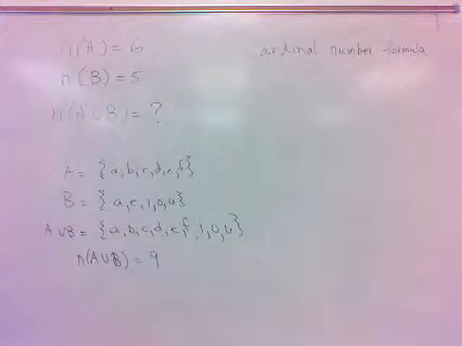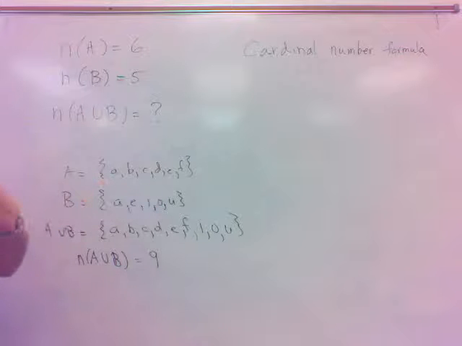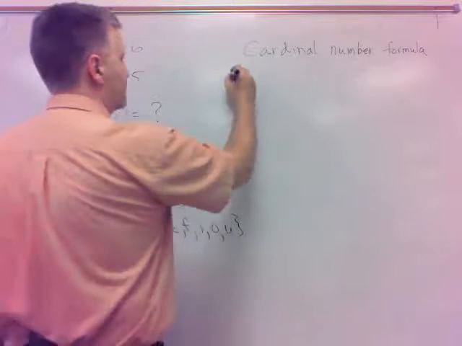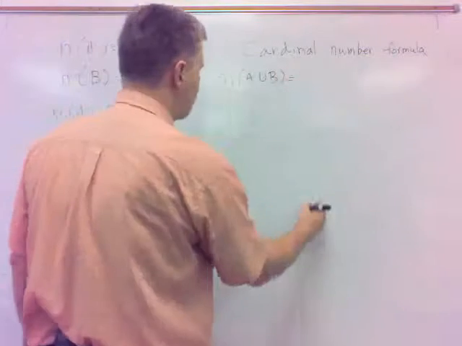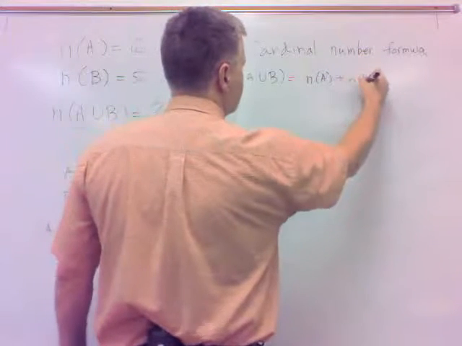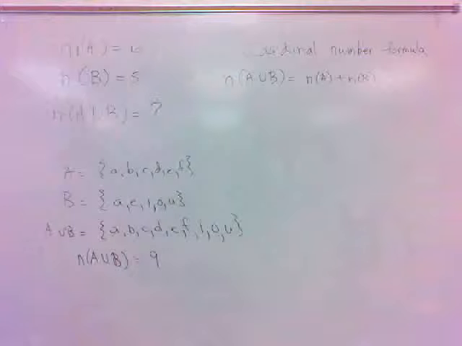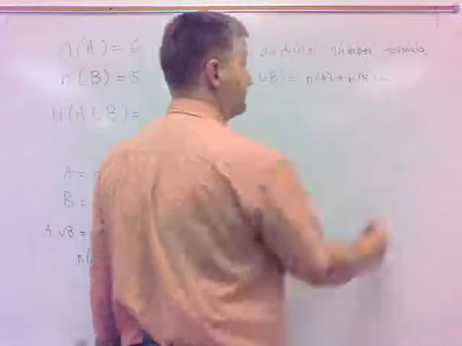You remember, the cardinal number just refers to the number of elements a set has. And what the cardinal number formula does is it relates several different cardinal numbers all together. So what we saw was the number in A union B. Yeah, we do want to add the number in A and the number in B. However, that's not the whole story because of the overlap.